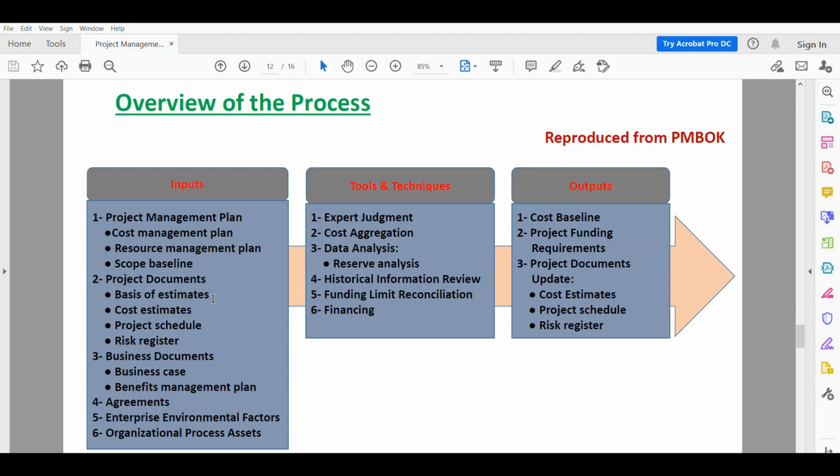The funding limit. What is the funding limit reconciliation? The expenditure of funds should be reconciled with any funding limits on the commitment of funds for the project. A variance between the funding limits and the planned expenditure will sometimes necessitate the rescheduling of the work to level out the rate of expenditure.